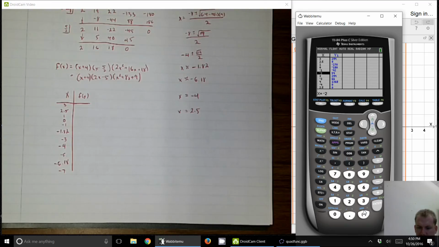I'm just going to do negative 4 plus square root of 19 over 2. That didn't work. There's something wrong. That's good, though. That's not necessarily a bad thing. What happened here?